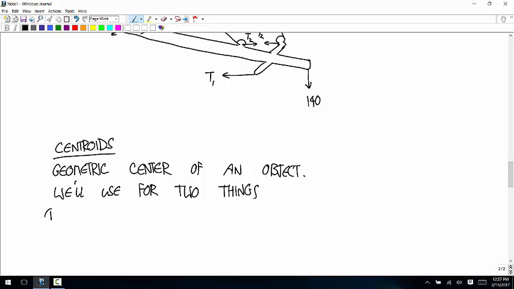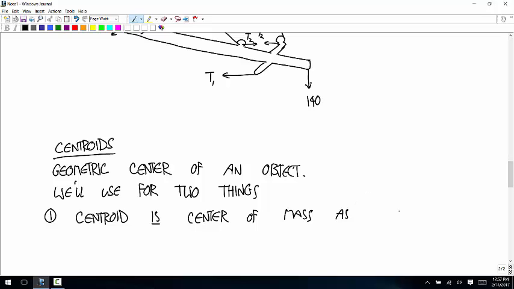The first one is finding the center of mass of an object. So the centroid is the center of mass, as long as the body is composed of a single material.